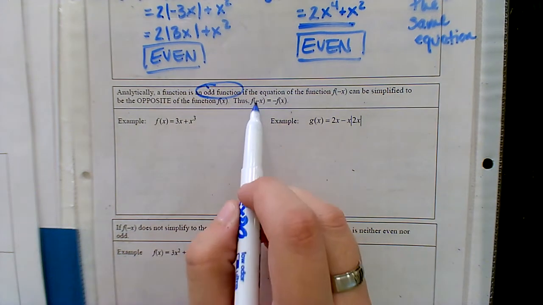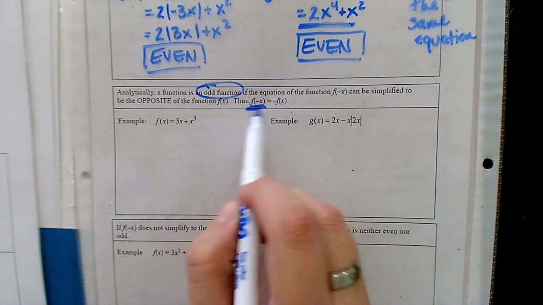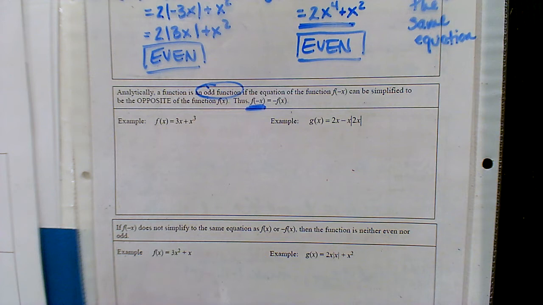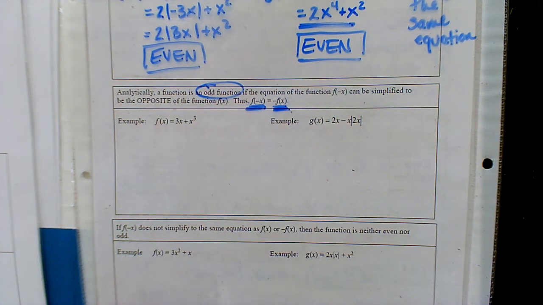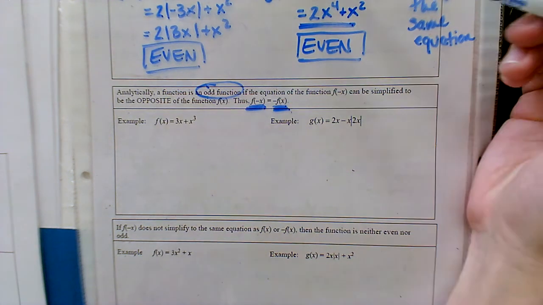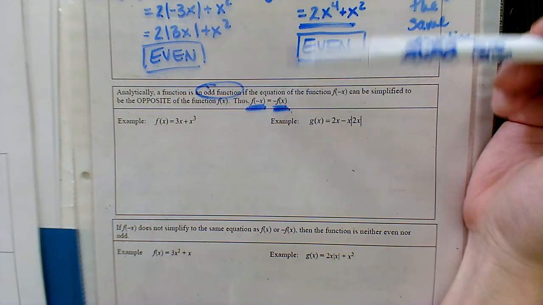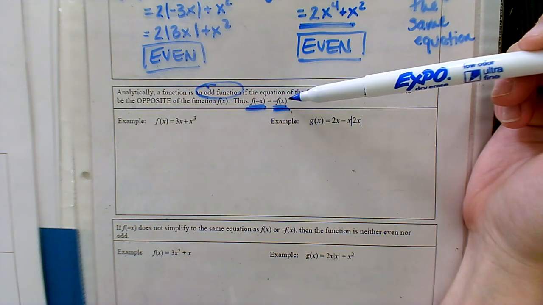Okay, odd function. If we were to plug in negative x, what should we be anticipating to get out if it's an odd function, aka rotational? Instead of getting out the same equation, what do we want to get out in this case?